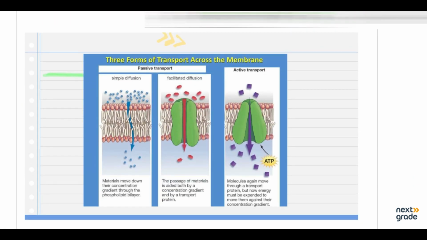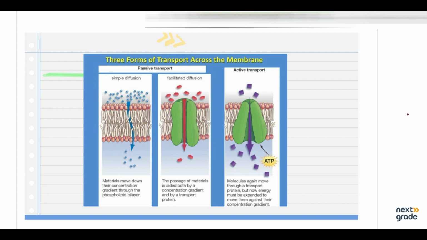Okay, then there are three forms of transportation that occur across the membrane. The common ones are the passive and the active transport. Many substances which are not needed, they are constantly entering into the cell by passive transport, right?